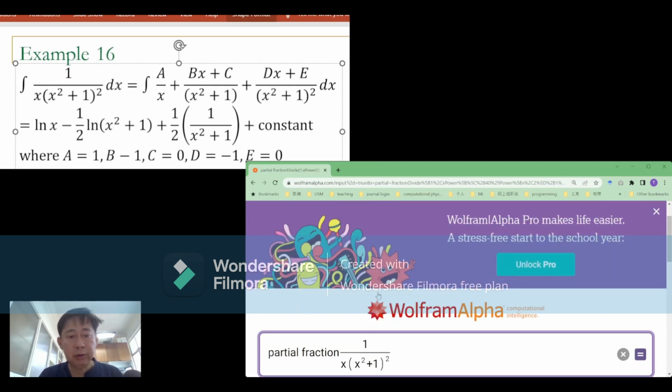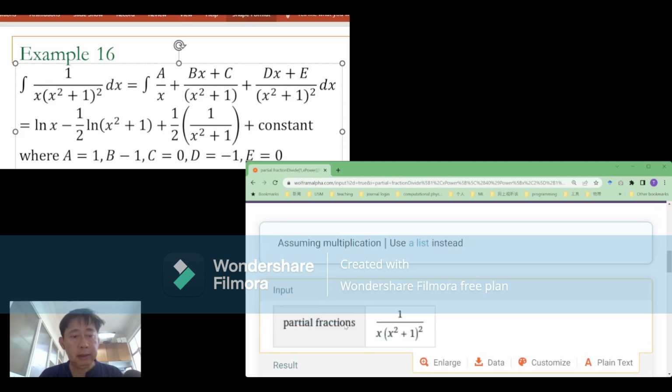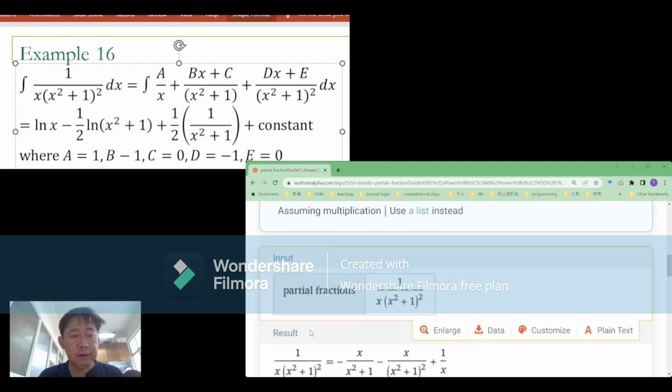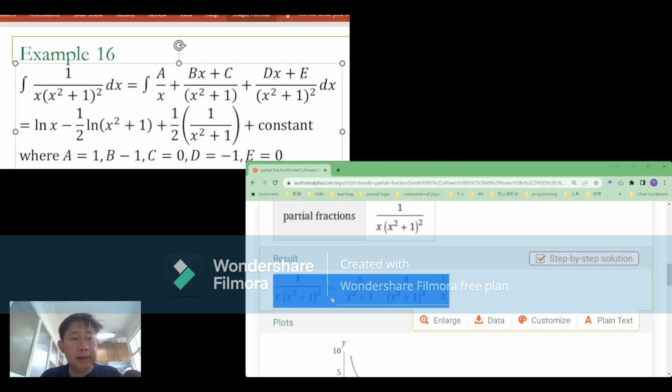This shows the robustness of Wolfram Alpha in the sense that it is fault tolerant with respect to the input you key in. Here you can see that the input has been correctly interpreted by Wolfram Alpha, that it understood my request to cast the fractional function into its partial fractions. And the result is shown on the screen, which I highlighted in blue.